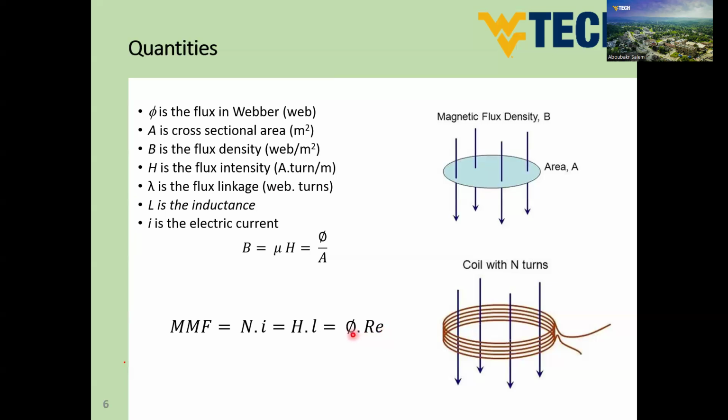So flux is similar to electrical current in electricity, and reluctance is similar to the resistance of the electrical wires. Reluctance is the resistance of the magnetic core, or the magnetic path media, whatever it is going to be, core or air or whatever material.